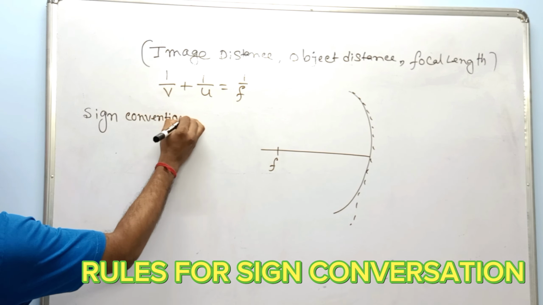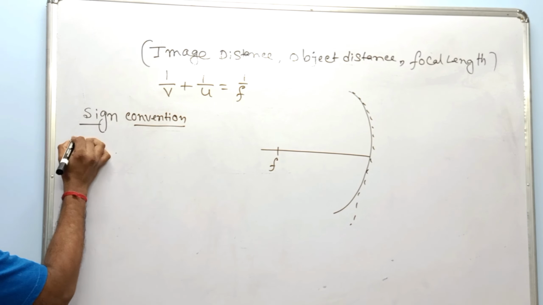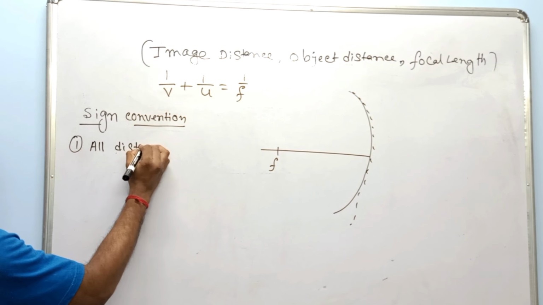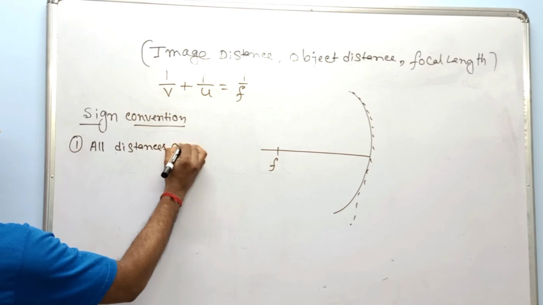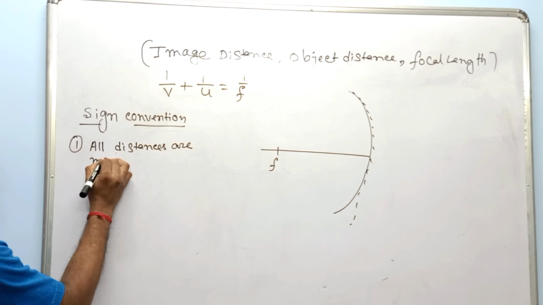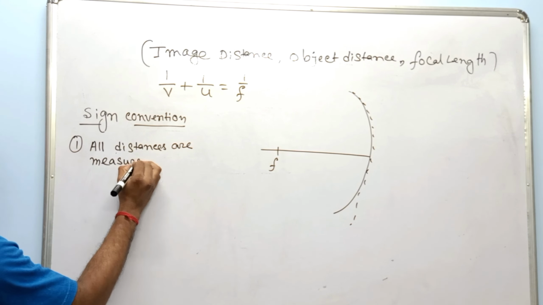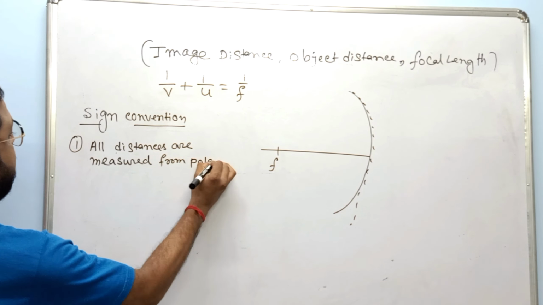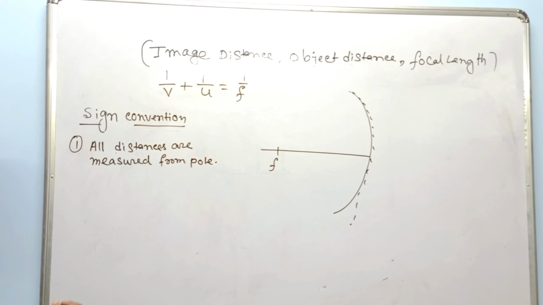Which is the sign convention? Number one, all distances are measured from the pole. Any distance is measured from the pole.